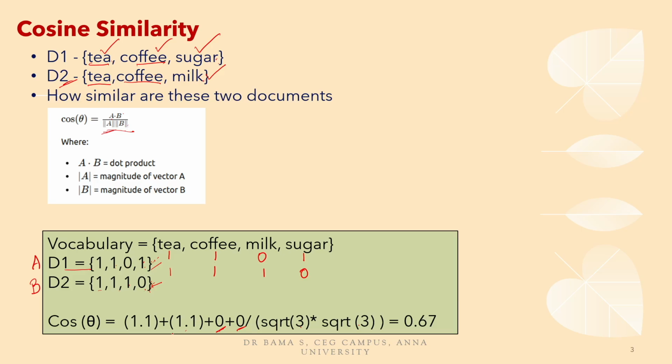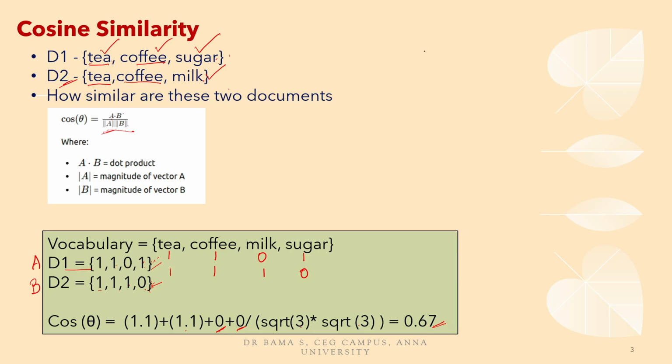So we would get 2 by 3, which is 0.67. So the answer to how similar D1 and D2 are is that we can say it is 67% similar, or 0.67.